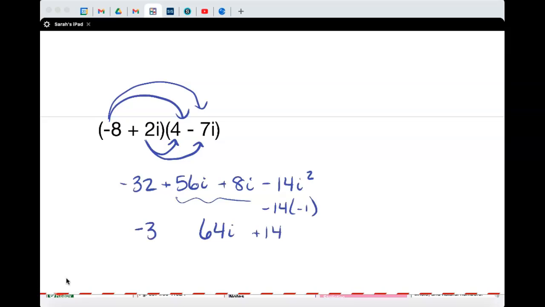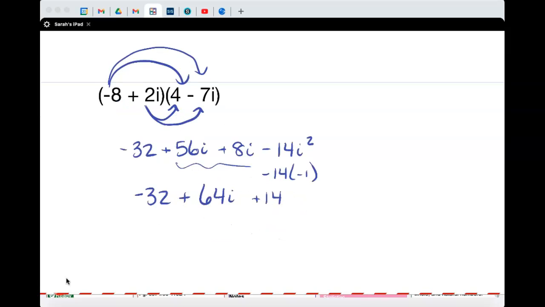So I have negative 32 plus 64i plus 14. Add negative 32 and 14. What is that? No. Negative 18. Oh, interesting. And then flip them around. Oh, never mind. It's already in the correct form. I was playing it in my head on that one.